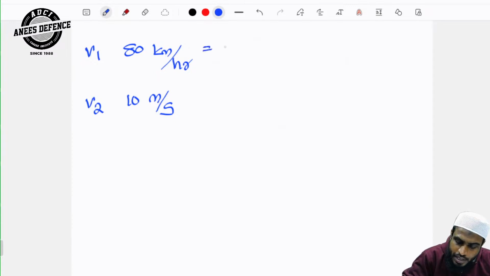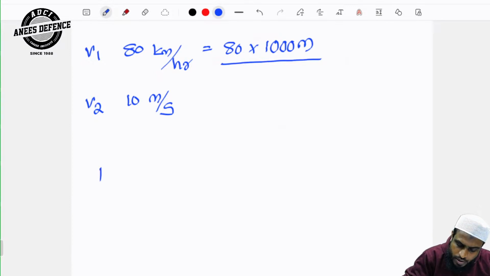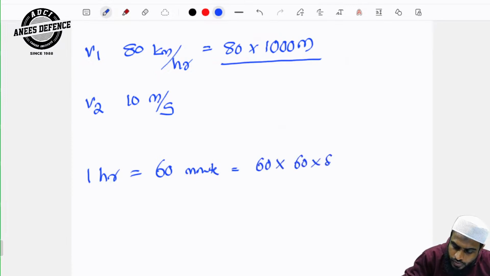So 80 kilometer, 1 kilometer is equal to 1000 meter. 1 hour is 60 minutes, and 1 minute is 60 seconds.